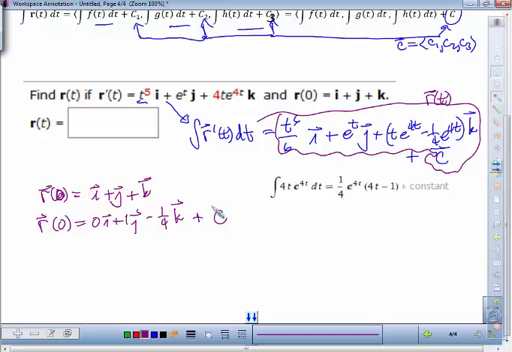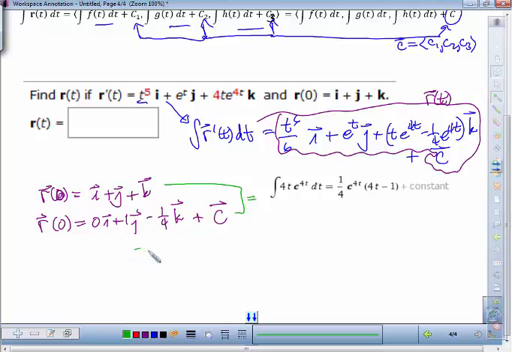Okay? Now this is a part that you don't want to forget. There's a plus c in there. And then you're supposed to set this equal to each other because they're supposed to be equal. So when you set that equal, there's a constant here that you're going to be looking for.